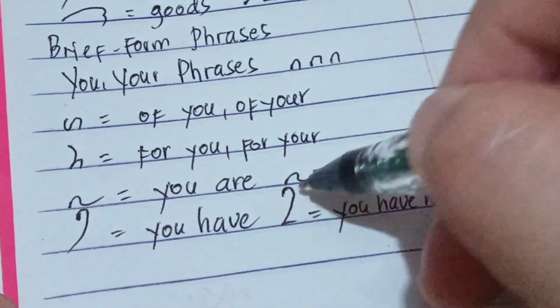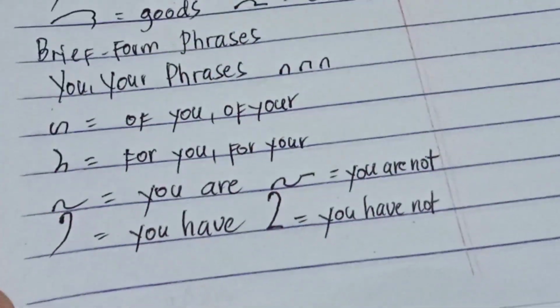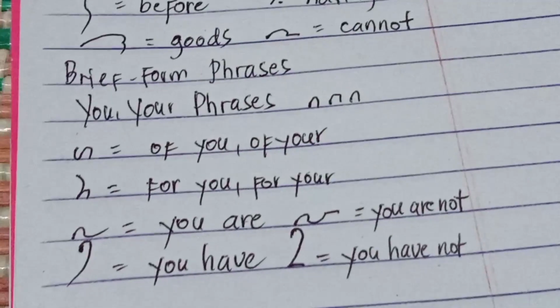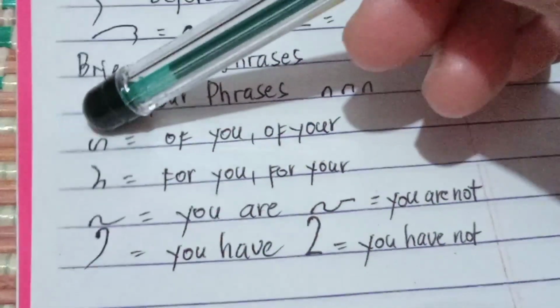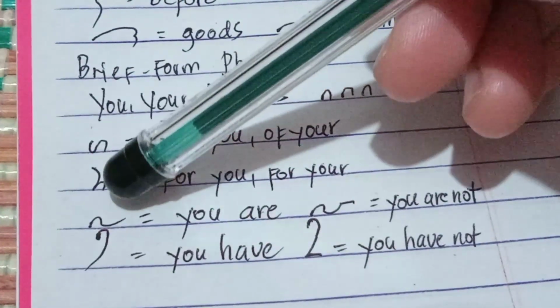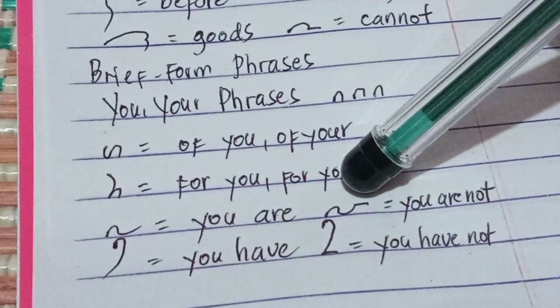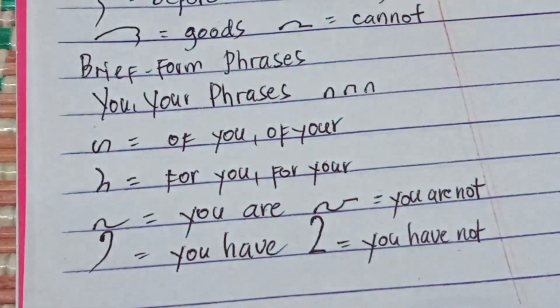This is the you, this is the have, and this is the not. Okay? So, these are the examples of you and your phrases. Okay, let's read all together. This is of you, of your, for you, for your, you are not, you have not. Okay?